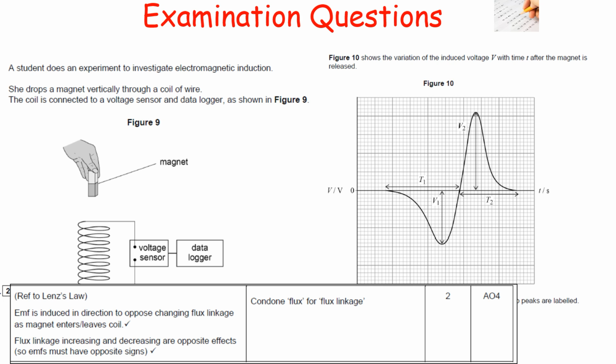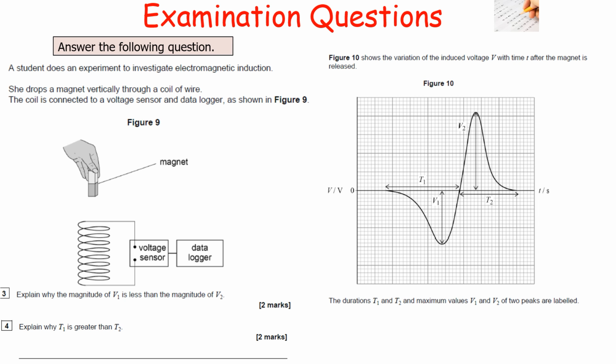However, when it goes out of the coil, it produces a positive EMF, because now the magnetic flux linkage is decreasing. So when the flux linkage is increasing as it enters, it produces a negative EMF, and as it leaves, the decrease in magnetic flux linkage produces a positive value. Remember, again, it's opposite values because of Lenz's law.